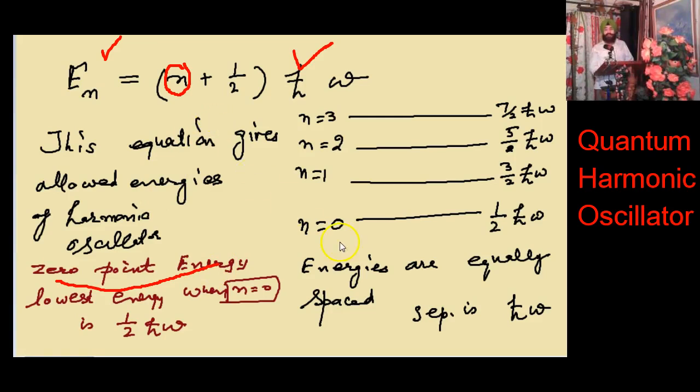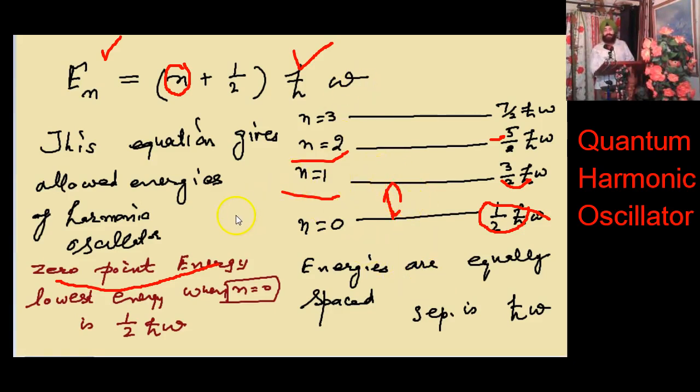And how much is it? 1 by 2 h cross omega. When you put n equal to 1, you will get the second energy. N equal to 2, then the third energy. Energies are discrete, not continuous. And there is a gap between the two energies. And what is that gap? That gap is h cross omega.